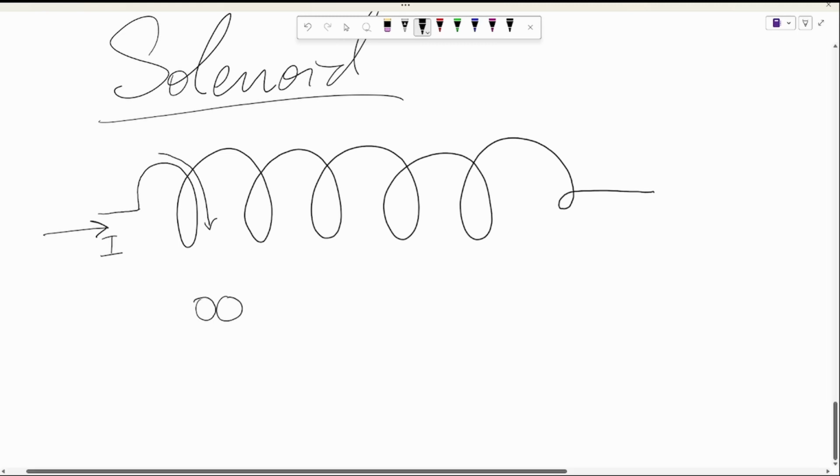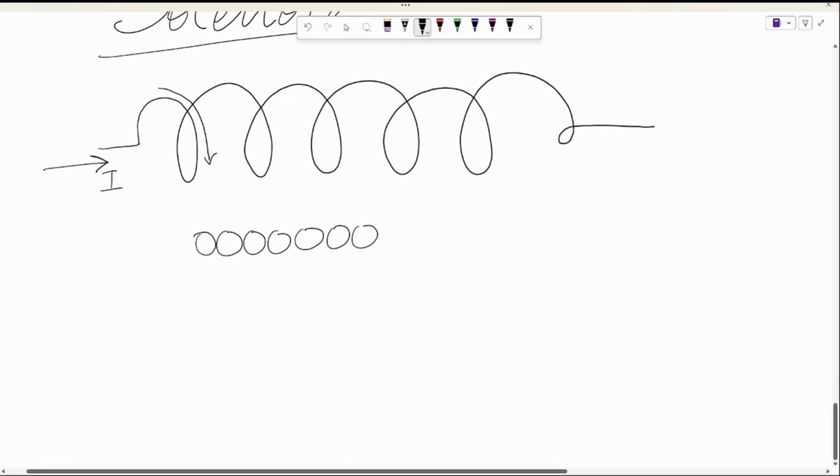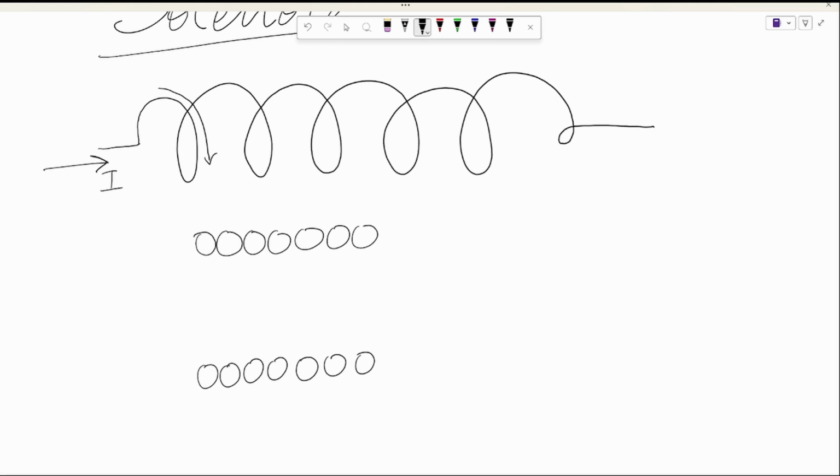Let's imagine these wires are all neatly packed against each other. So that's the top, and there's the bottom. The current at the top is going to be coming out of the page, and the current at the bottom is going into the page.